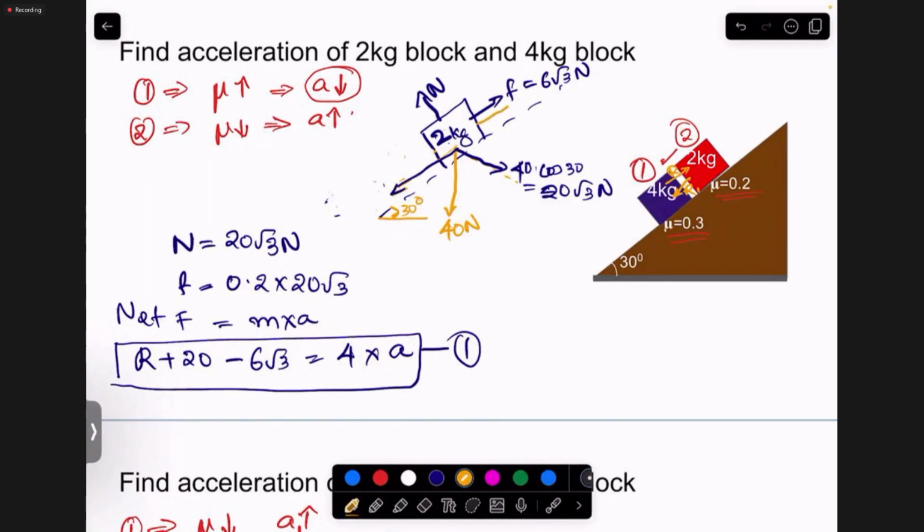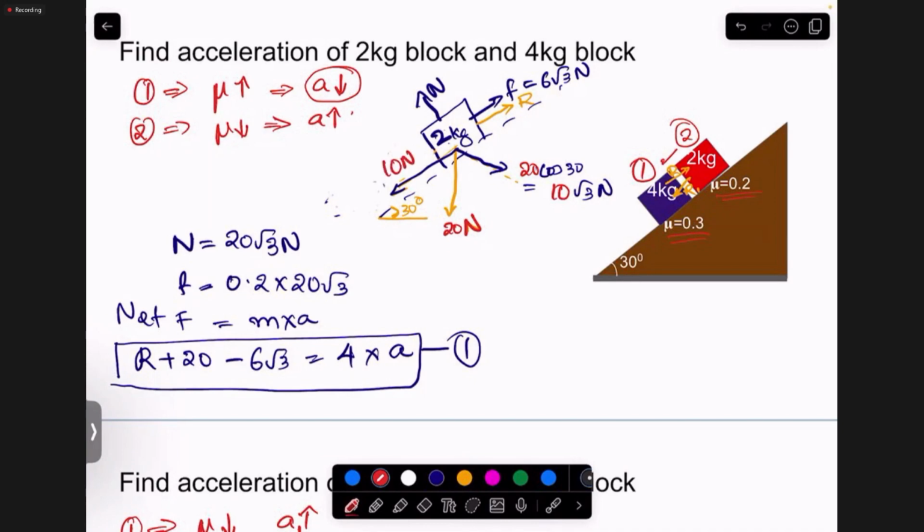So R is over here, and the weight of the block is 20 Newton. So this is 20 cos 30, which is equal to 10 root 3. And this will be 20 sine 30, that is 10 Newton.